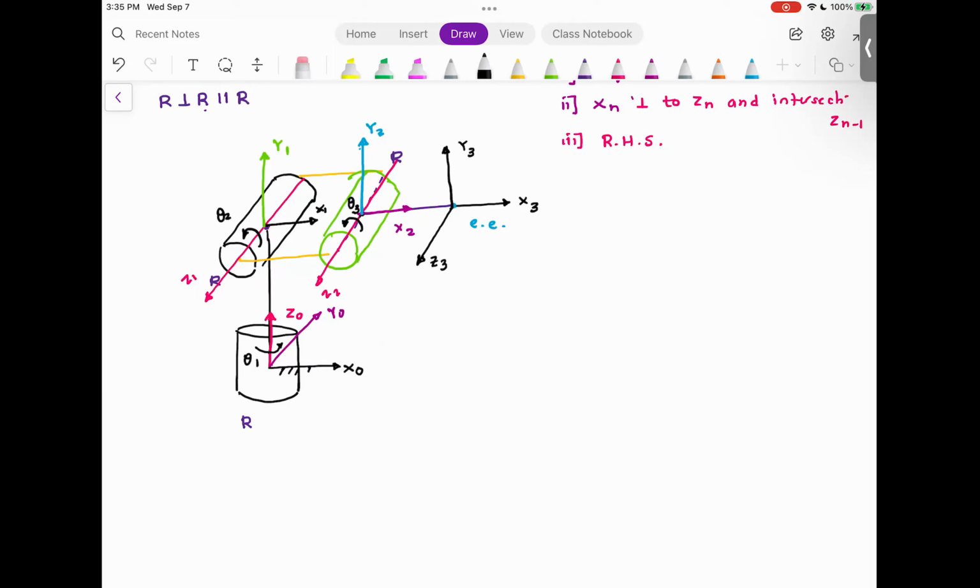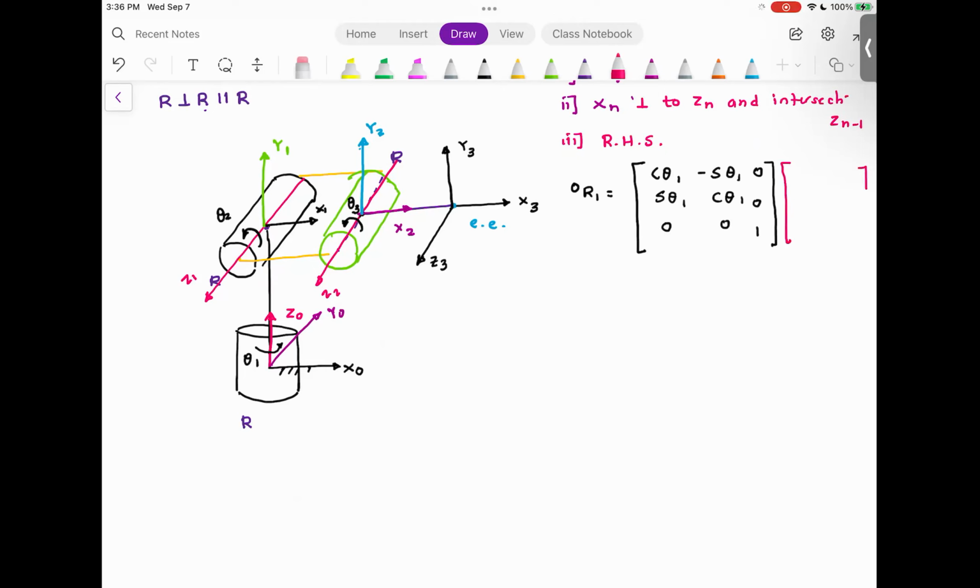So what I'm going to do is, I'll use this here, 0R1: cosine theta 1, sine theta 1, sine theta 1, cosine theta 1, 0, 0, 0, 0, 1. Are you with me? What am I missing here?